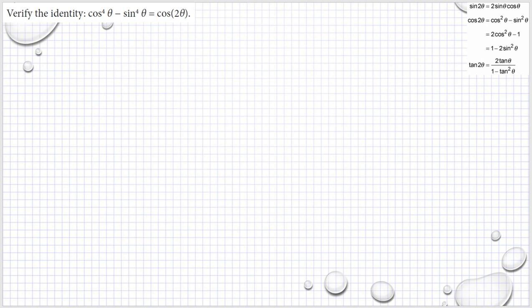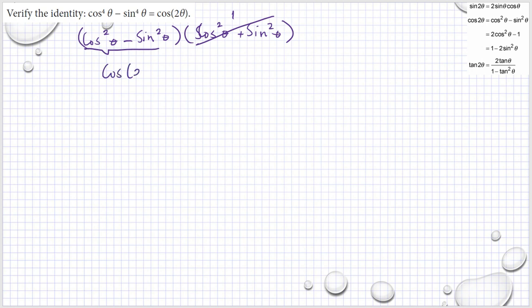So we have cosine squared theta minus sine squared theta, multiplied by cosine squared theta plus sine squared theta. And we know that this one is equal to 1. And we know that this one is equal to cosine 2 theta.